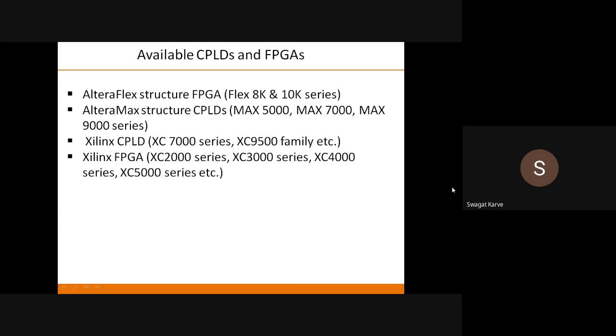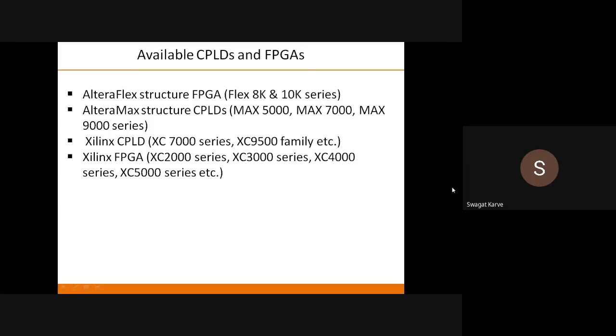Again, the next leading company is Xilinx. Xilinx also manufactures CPLDs, right? Xilinx XC7000 is a famous CPLD. Then the Xilinx XC9500 family is also one of the famous CPLDs manufactured by Xilinx. Then you have the XC2000, XC3000, XC4000, XC5000 series. These are the Xilinx FPGA series.